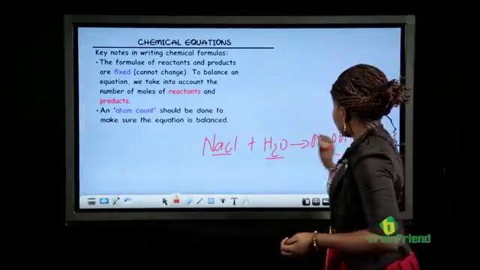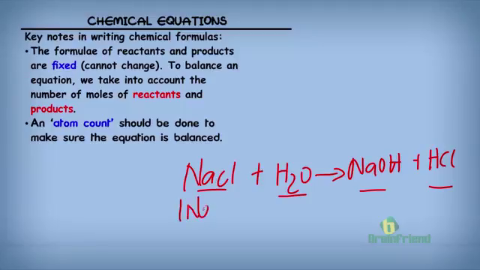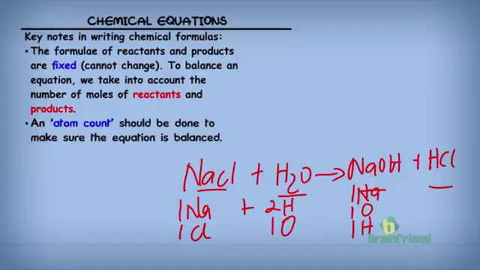For instance, if we do an atom count for this reaction here, we have one atom of sodium, one atom of chlorine, and we have 2 atoms of hydrogen and 1 atom of oxygen. Coming over to the products, we have 1 atom of sodium, 1 atom of oxygen, 1 atom of hydrogen.